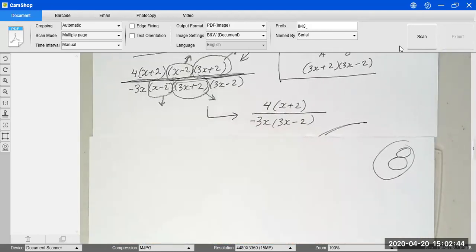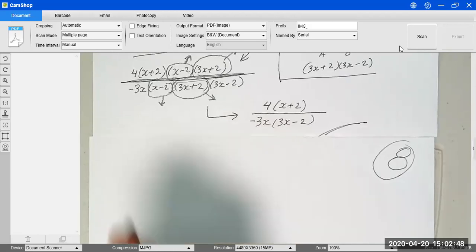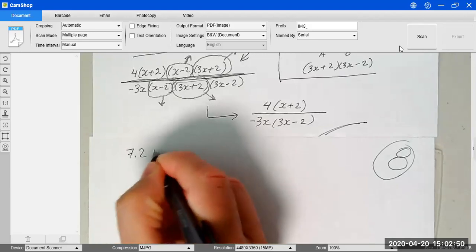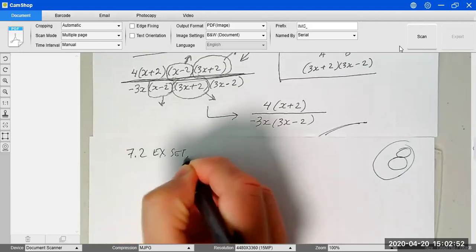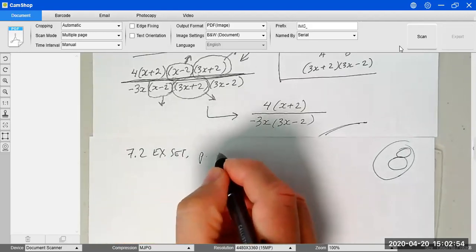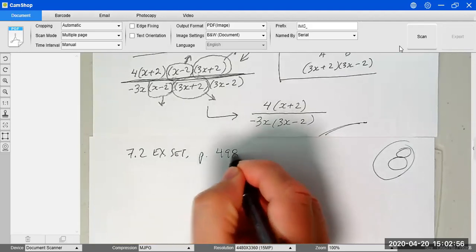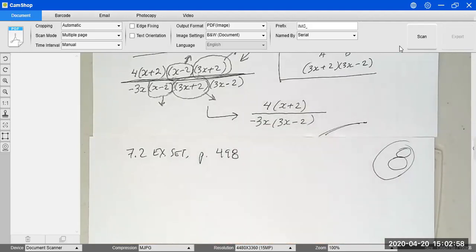You're going to check the 7.2 exercise set on page 498. So you're going to do a couple of multiplications, not many.